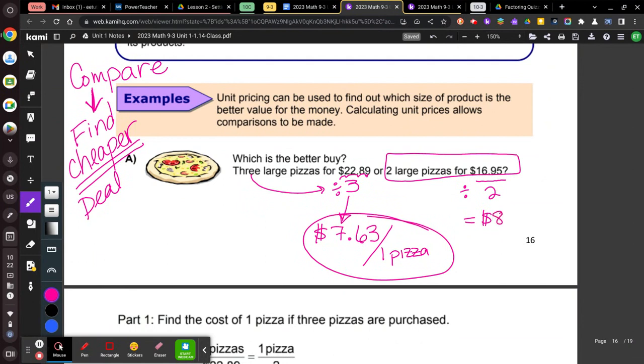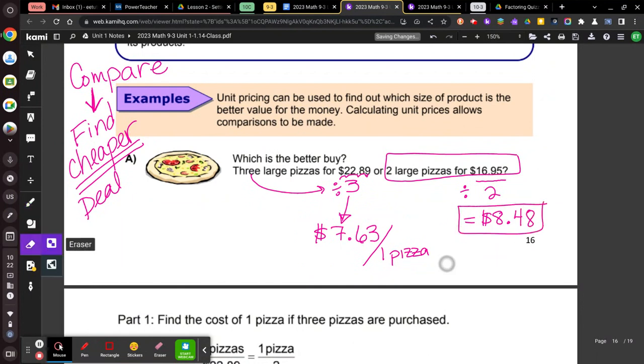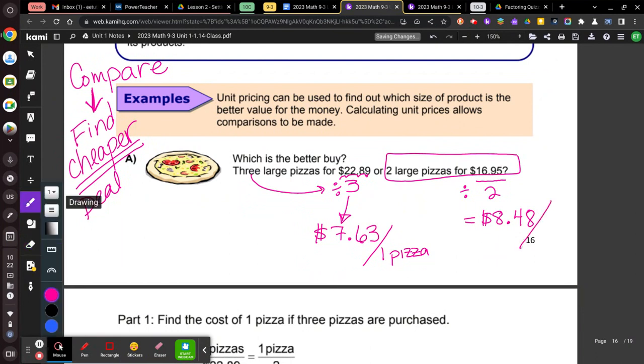This is going to give us $8.48. Again, this is for 1 pizza. So now what we do, once we've got both of our totals, we look for the smaller number.